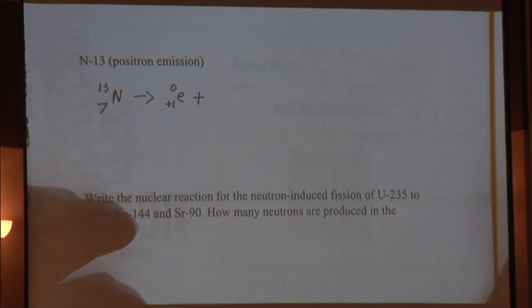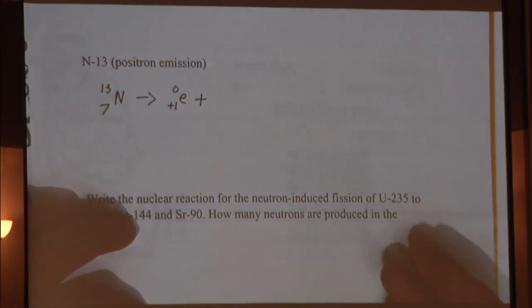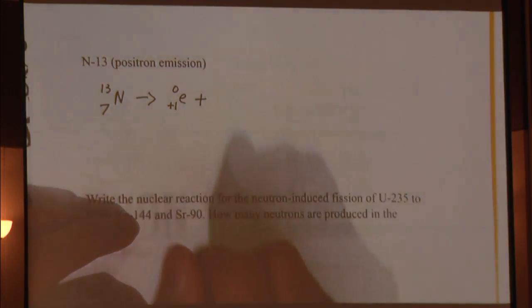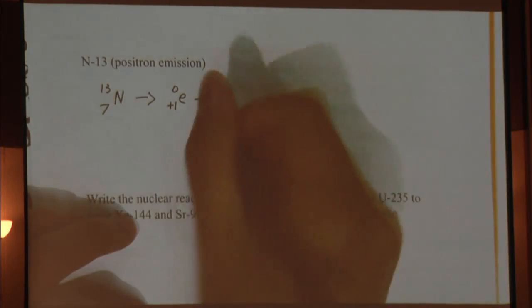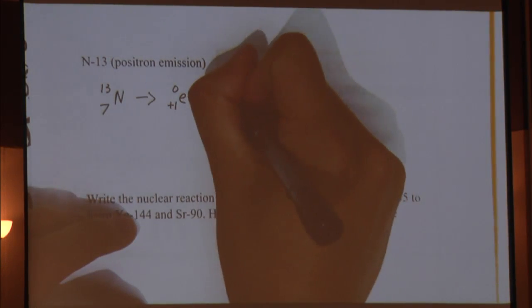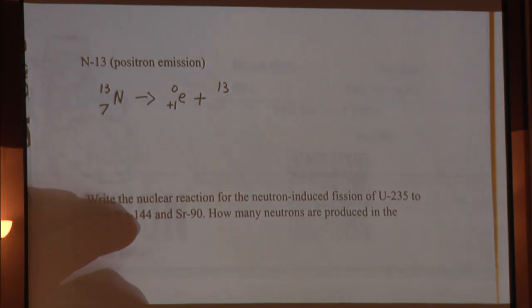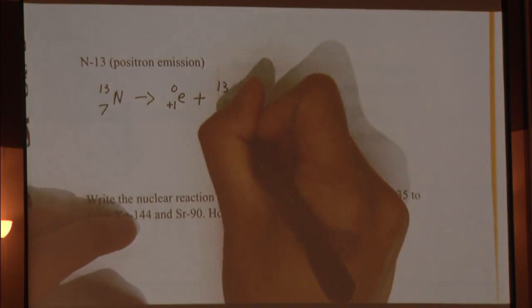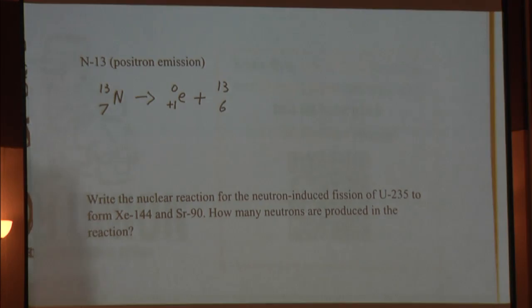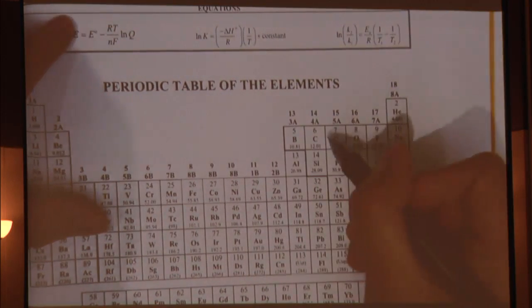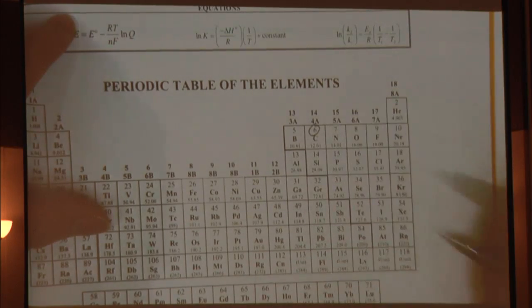And so here, we just need to figure out what our mass number and our new atomic number are. So 13 minus 0 is 13. And 7 minus 1 is 6. And so referencing our periodic table once more, our atomic number is 6 here.